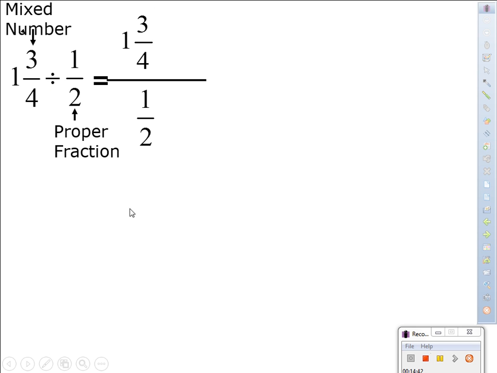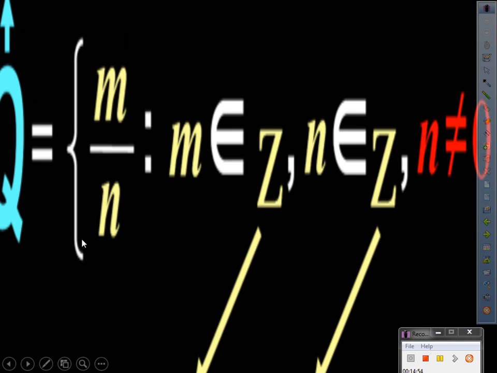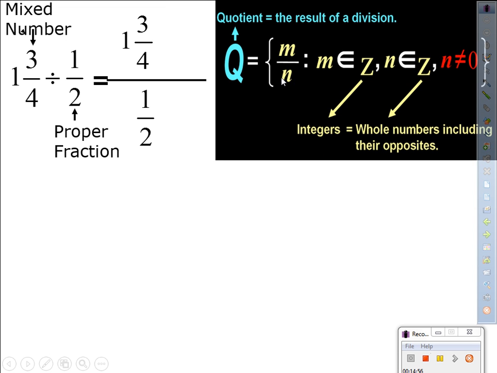But doesn't it look kind of funky? It looks kind of weird, right? But why? Look at the definition. Once again, what is N? An integer. And what is this? This is not an integer. It's a fraction. So according to the definition, this cannot be right there.